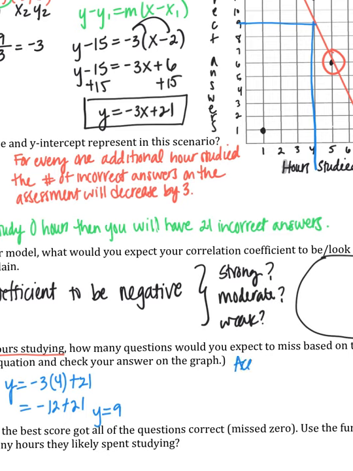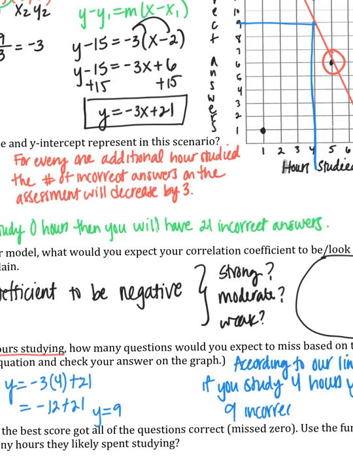So according to our line, we estimate if you study 4 hours, you will get 9 incorrect questions.